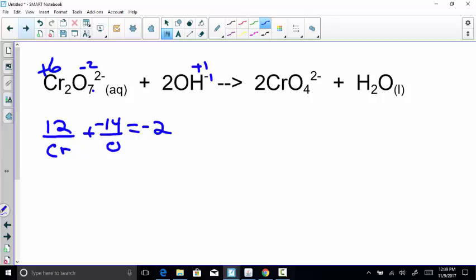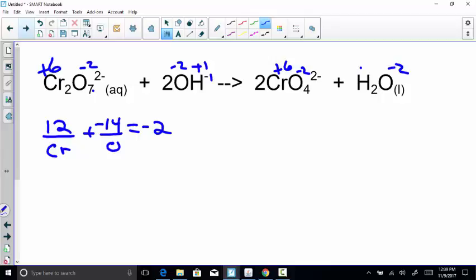So what's oxygen? -2? Okay, so now we go to this oxygen we know is -2. What's the chromium in this one? +3. Those metals don't change their charges, do they? They can. Oh, I was thinking 2 times 3, but in this case it's not.